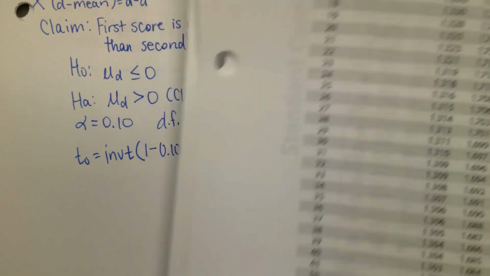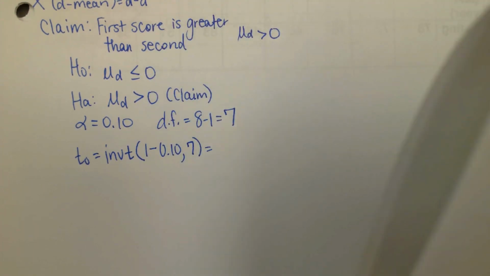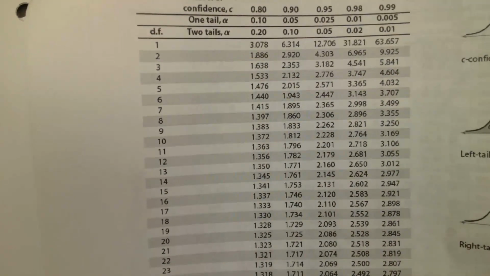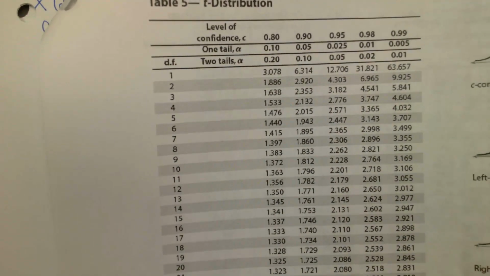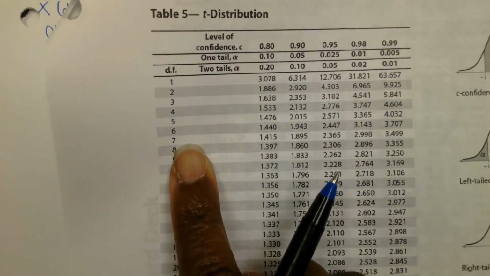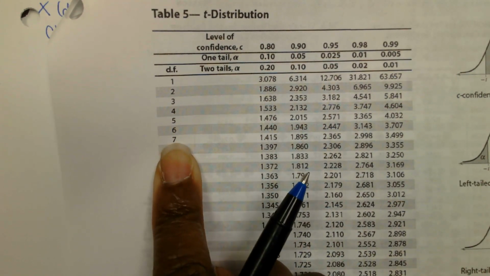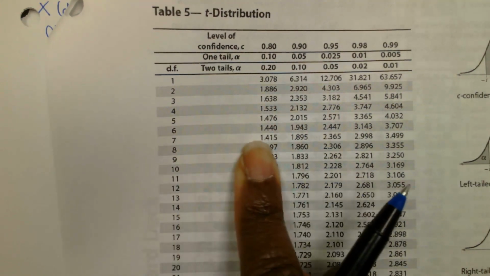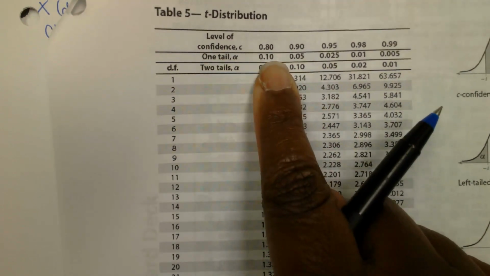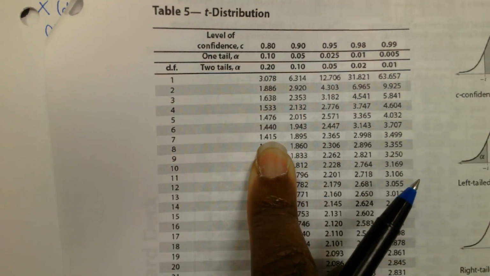You can use your calculator, but I like my formula sheet. So there's our DF of 7. Then this is a one tail test, 0.10. So 1.415 is our cutoff.